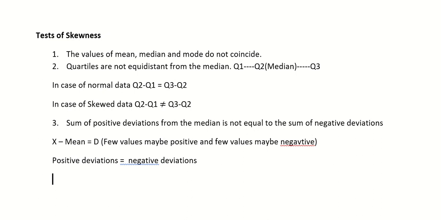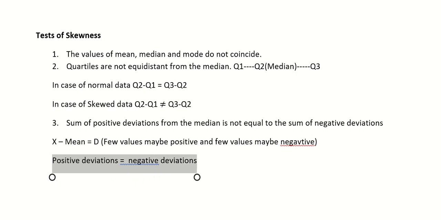But in case of skewed data, either positive or negative, doesn't matter, these positive deviations and negative deviations should not be equal. It means when we calculate the summation, if the answer comes zero, it means data is normally distributed.